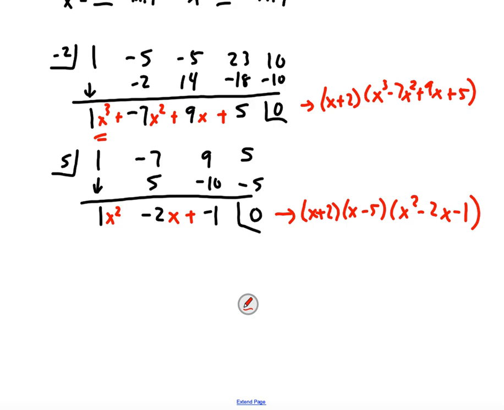No, I can't factor that, so I'm going to use the quadratic formula. So doing so, we're doing y equals x squared minus 2x minus 1. So my a there is 1, b is negative 2, and c is negative 1.